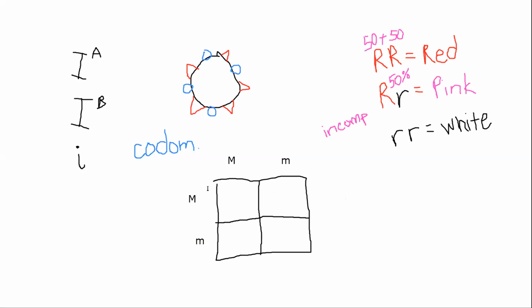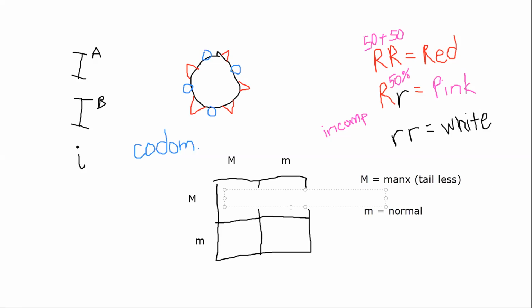The mutation to get the tailless is dominant, the capital M. So since these are dominant mutations, both of these are tailless cats. And the middle is normal.